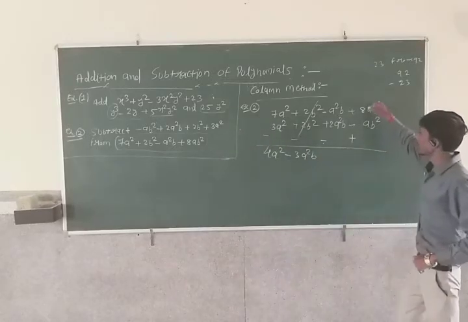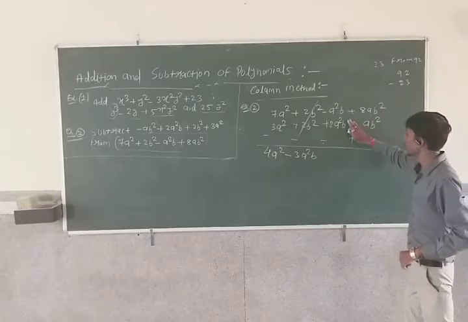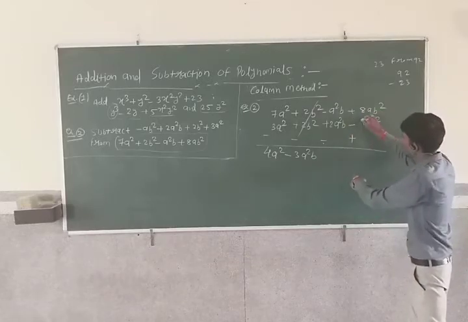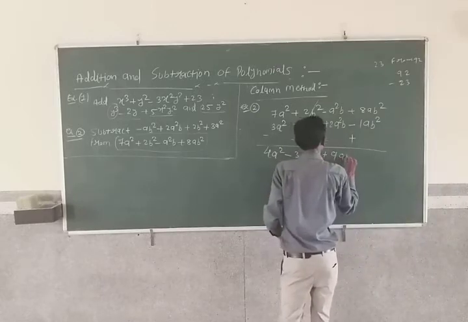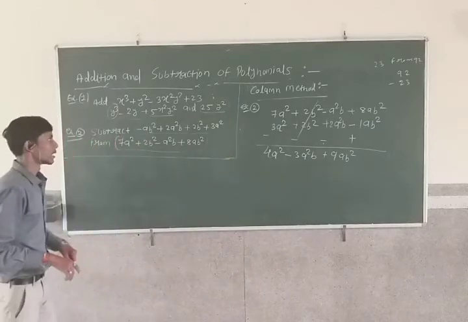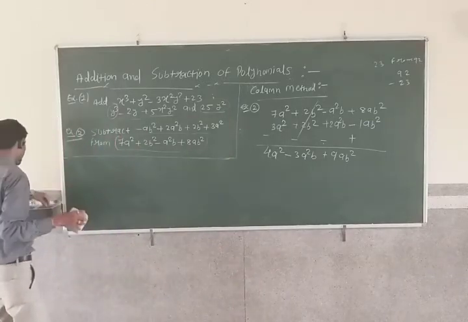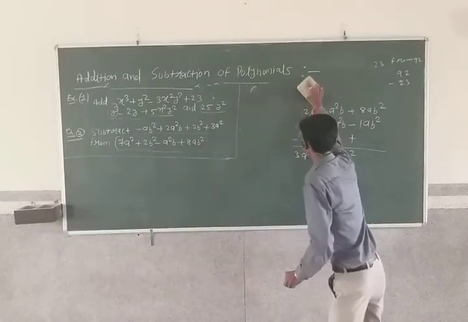And this is 8 plus 1, which will be 9ab square. Now let us discuss the horizontal method also for that example.